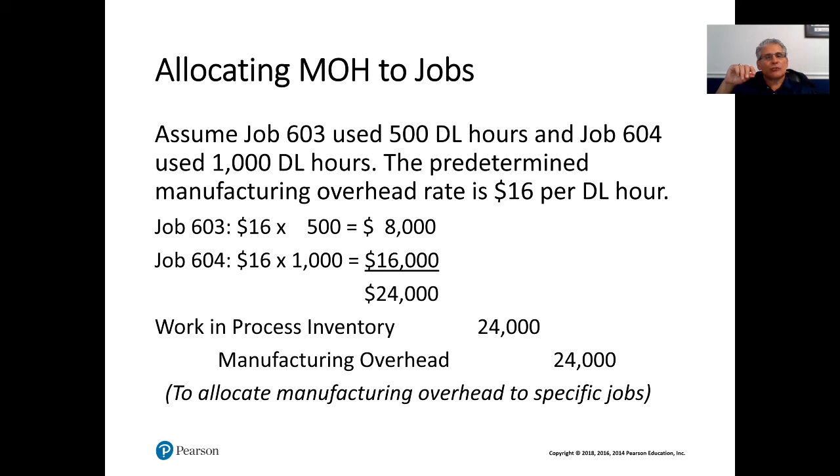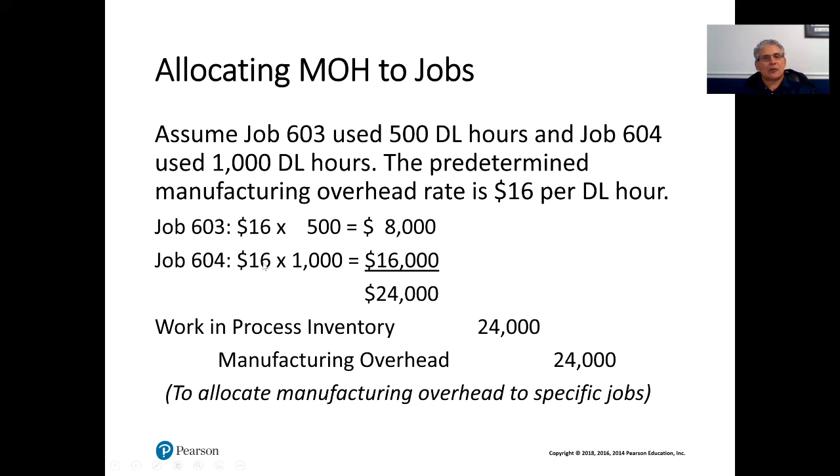However, let's assume that job 603 used 500 direct labor hours, which we saw in that job record earlier, and that job 604 used 1,000 direct labor hours. So if we have a predetermined overhead rate of $16 per hour, we're going to compute how much gets allocated to each specific job. So as an example here, $16 times 500 is $8,000.